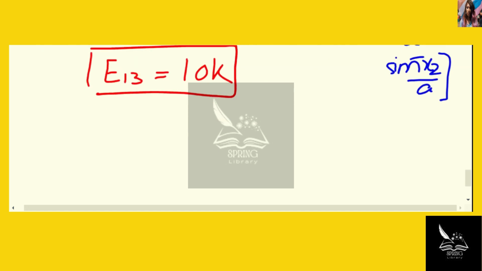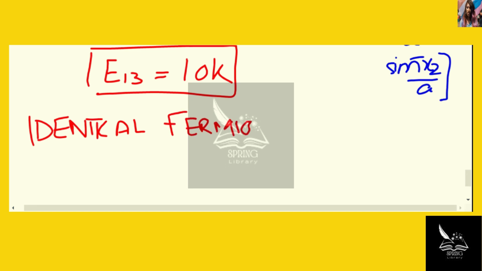And the last part is that we need to find out the solution for the identical fermions, right? So similarly, first of all, you would write the total wave function.